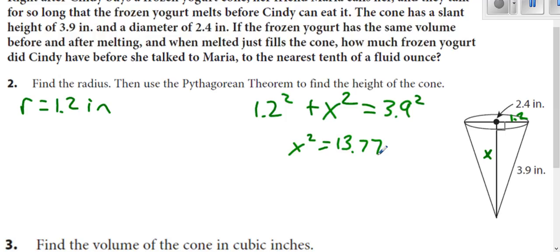So take the square root of 13.77 to get your height. It's about 3.7 inches.